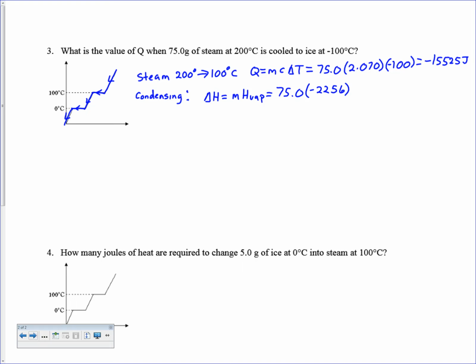So it's in the negative direction. It's going to be exothermic. Multiply those together, we get negative 169,200 joules.